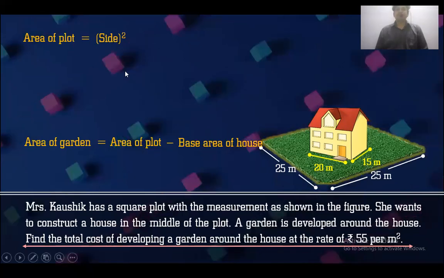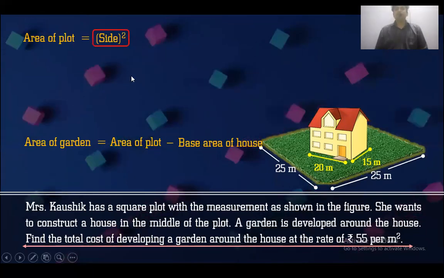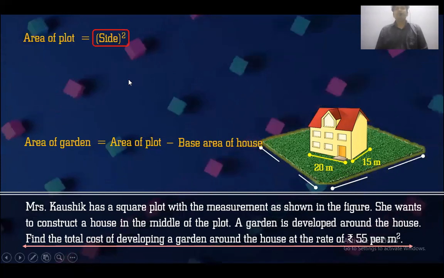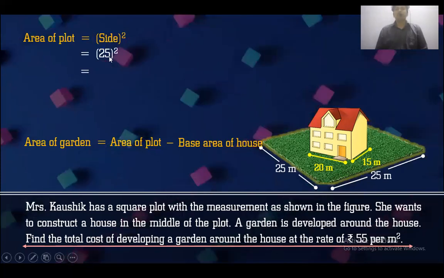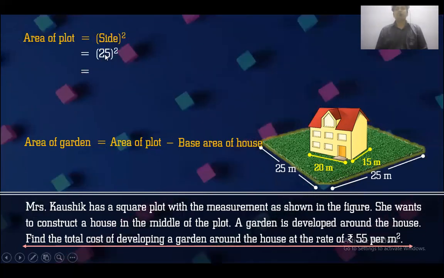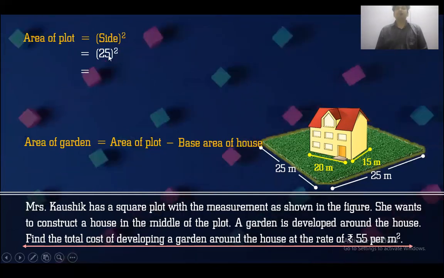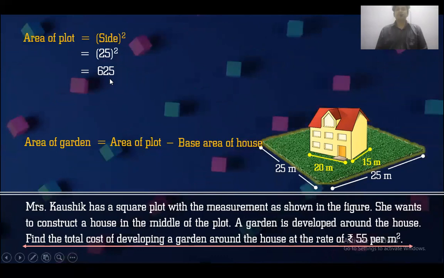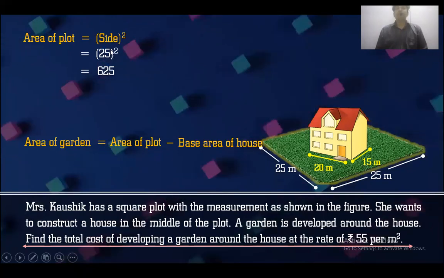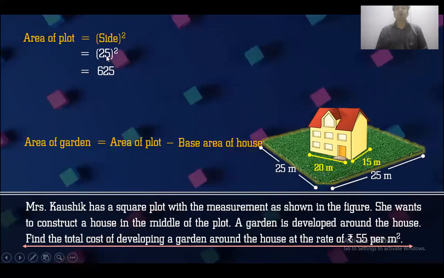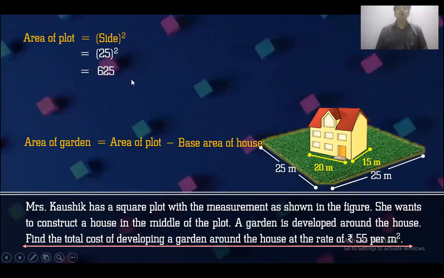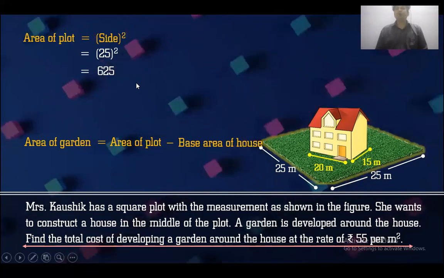So it's very easy to find the area of square plot. It will be 25 square, and if you know the short trick, whenever we have a 5 in the unit place, we use 5 5s are 25 and 2 3s are 6, that is 625. Even if you don't remember the direct square of 25, you can use that trick. Okay, so the area of square plot is 625 meters square.